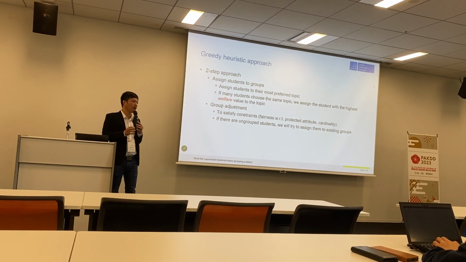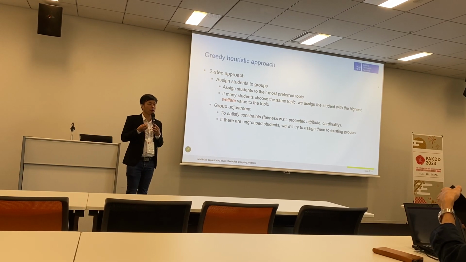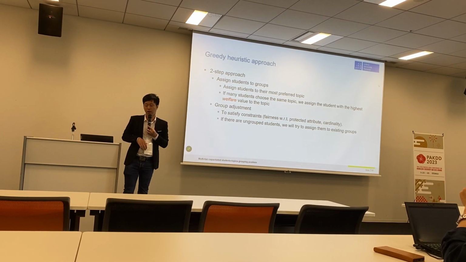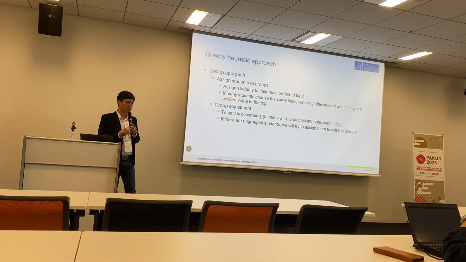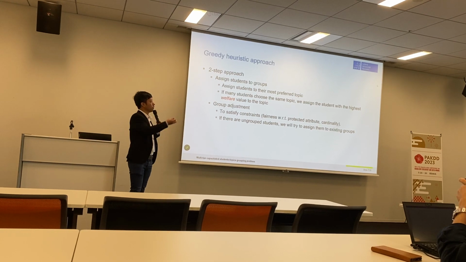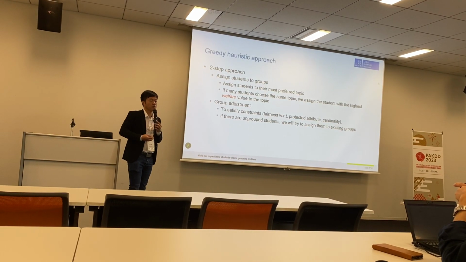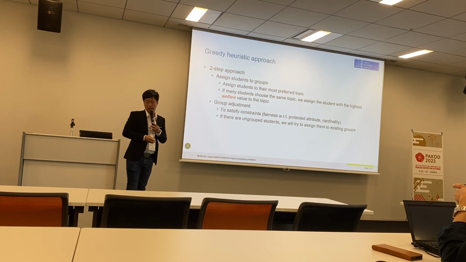And of course, if many students choose one topic, we assign students with a higher welfare value to that topic. The second step, we adjust the group assignment, because in the greedy heuristic we don't focus on fairness in genders, so we need to do that in the group adjustment.